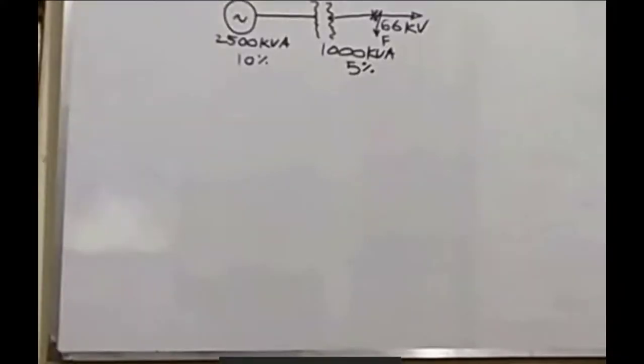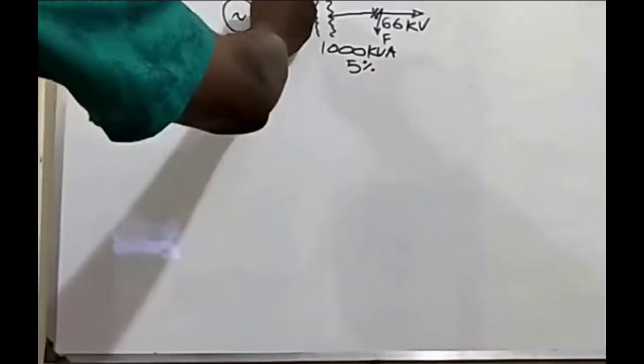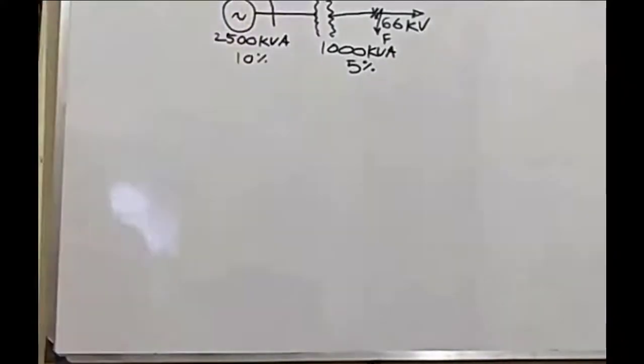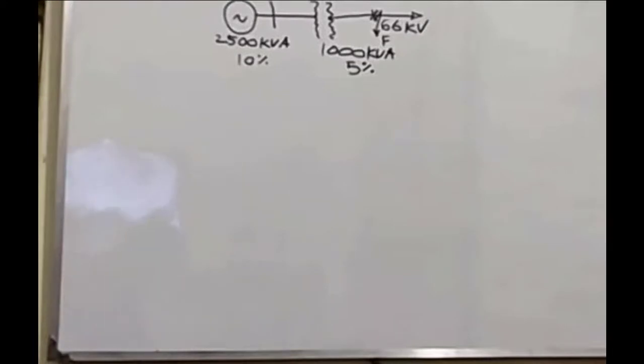You see here, a problem is there. A synchronous generator is connected. A synchronous generator, 2500 kVA, its reactance is 10%.